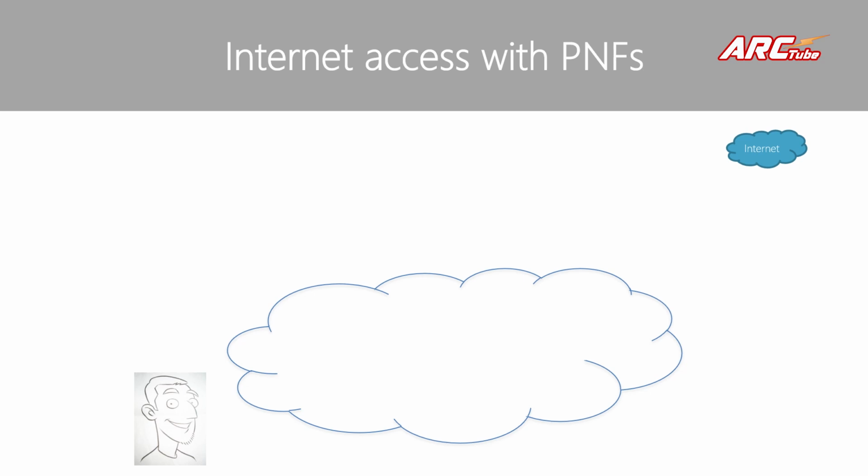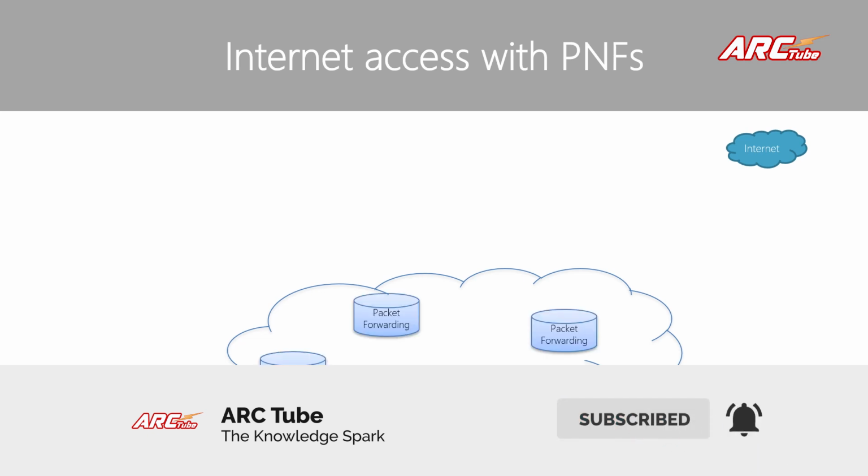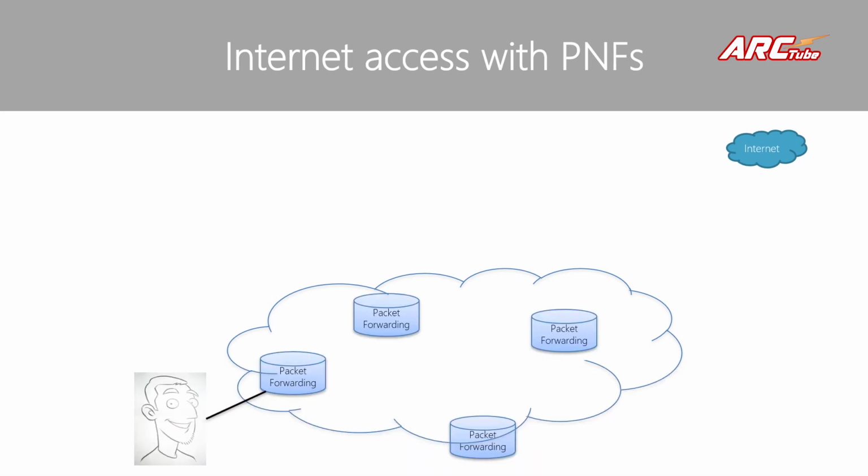Now, once I'm connected to the service provider's network, inside the service provider network, we usually have switches, routers, optical gear, etc. These are actually doing packet forwarding. If you can remember our discussion on SDN, you know what is packet forwarding in a service provider network.